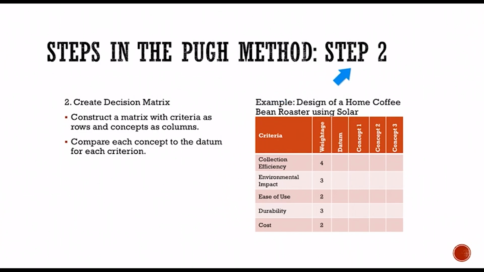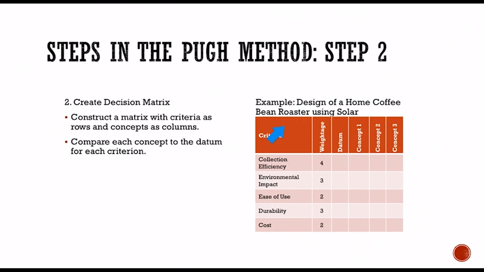Now we go to step number 2, which is to create the decision matrix. In step 2, we will construct a matrix with criteria as rows and concepts as columns, and compare each concept to the datum for each criterion. In our example here, this is the decision matrix that we have developed.